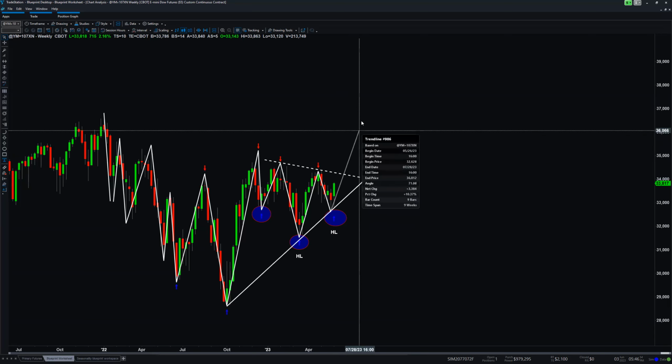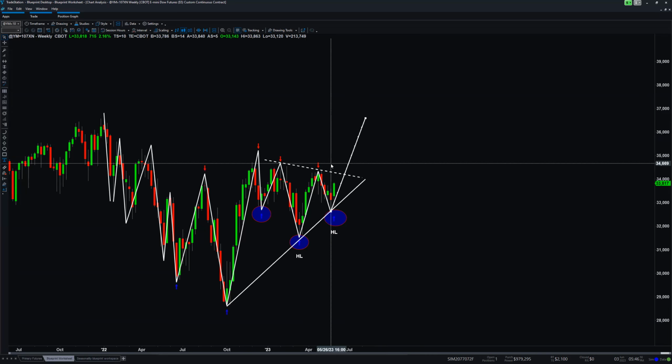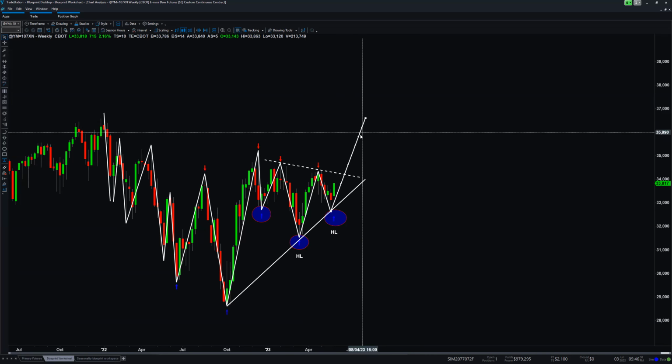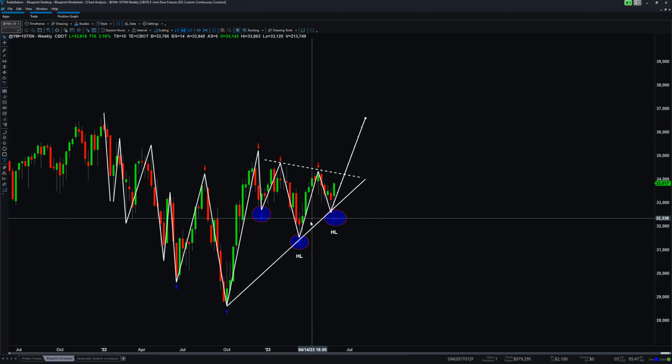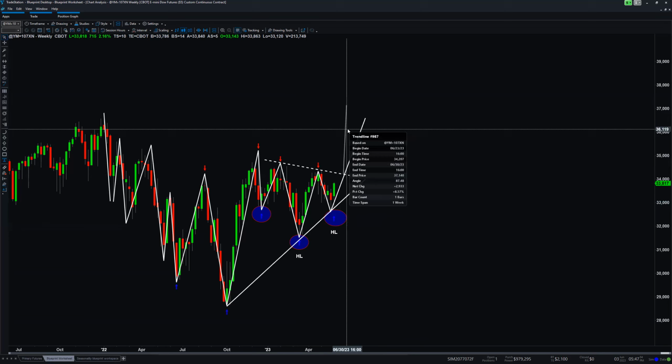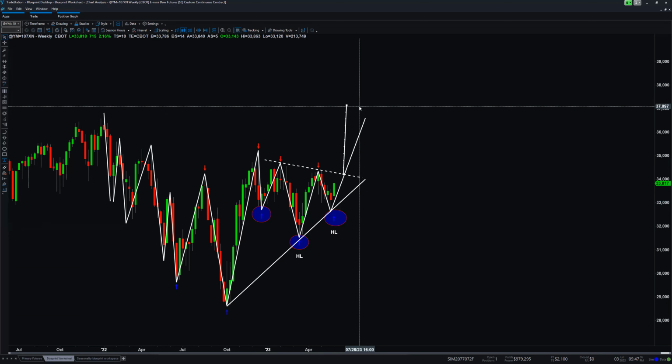And if we see a breakout, then we're going to get a very high move here. In terms of the technicals, the size of this is going to come here, and then we would go into the all-time highs, which is very much possible here on the Dow Jones.